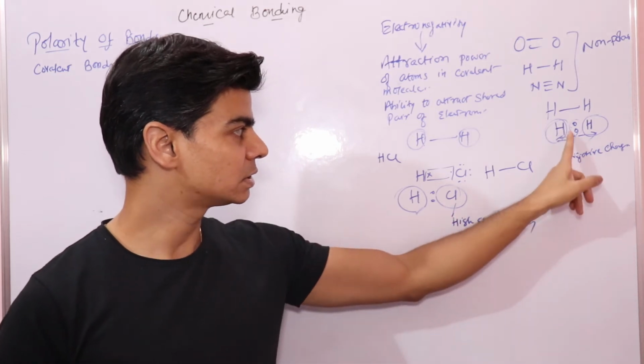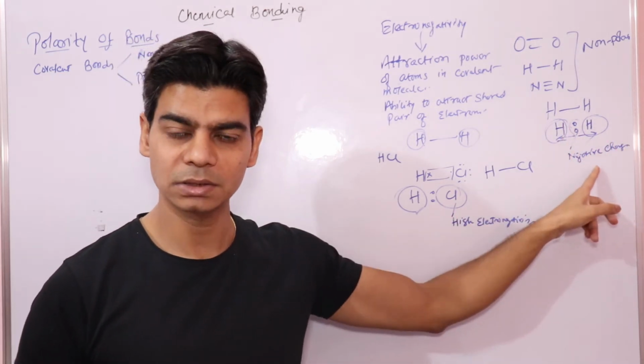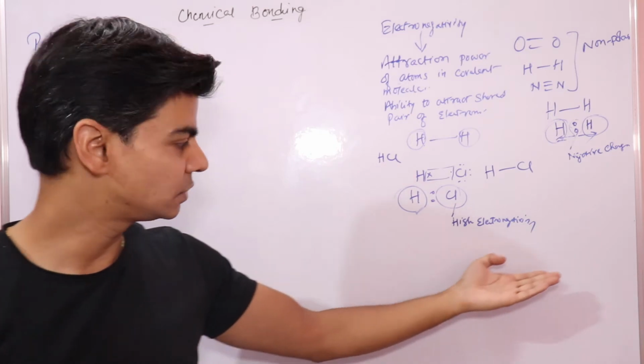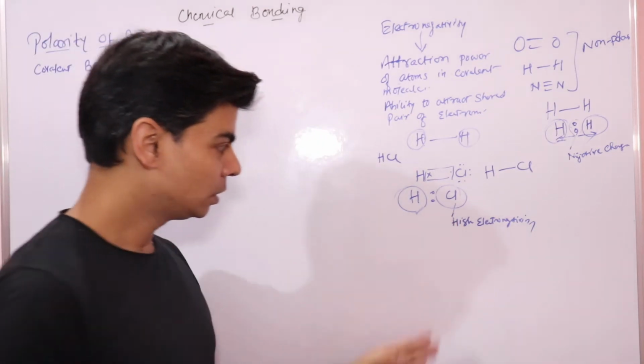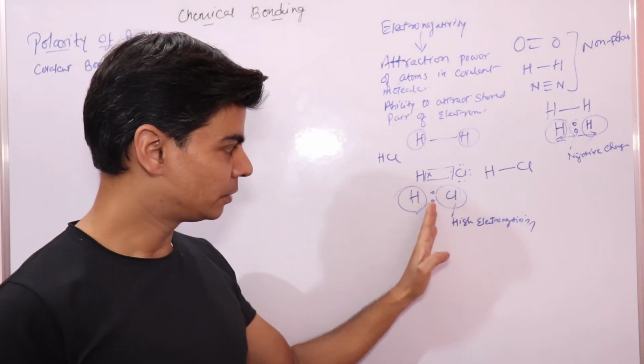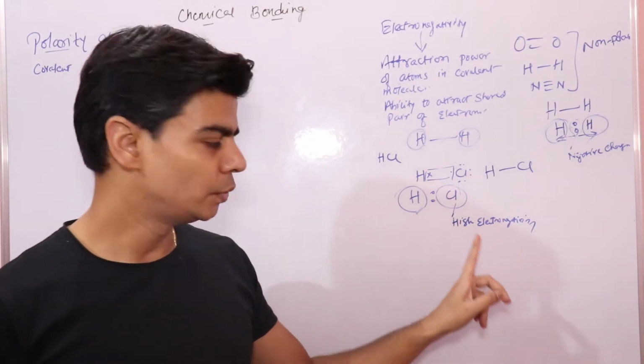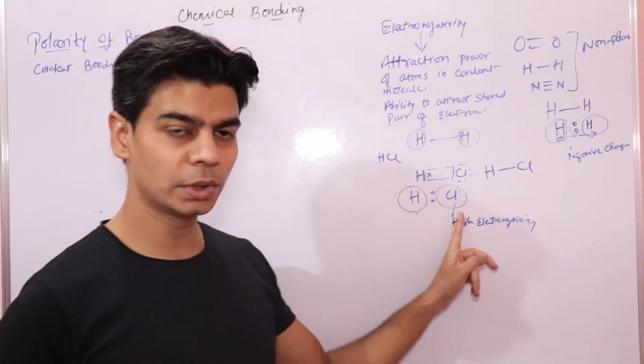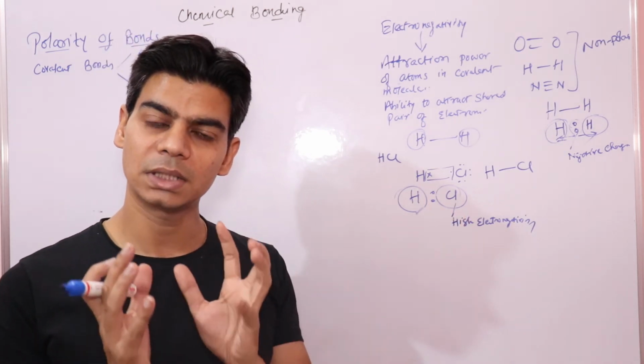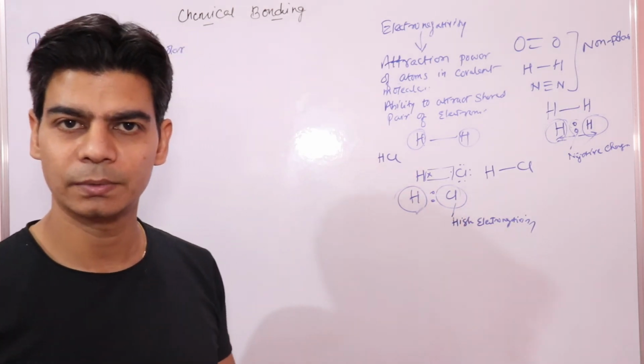Since I said this shared pair has a negative charge, this is an electron pair, so it has a negative charge, we know that. So the atom which will displace this shared pair towards itself will acquire a slight small negative charge, right?